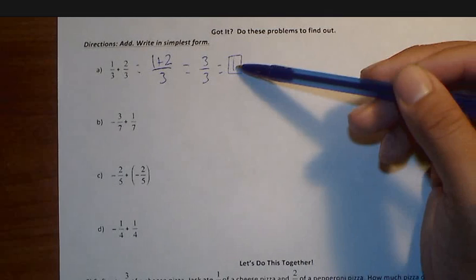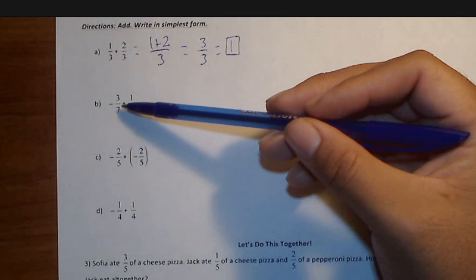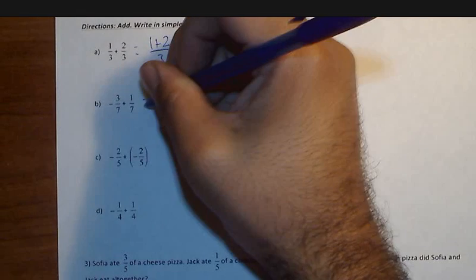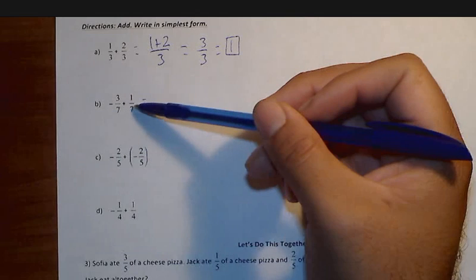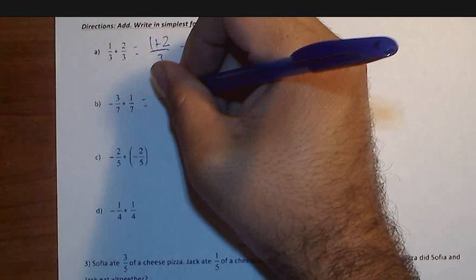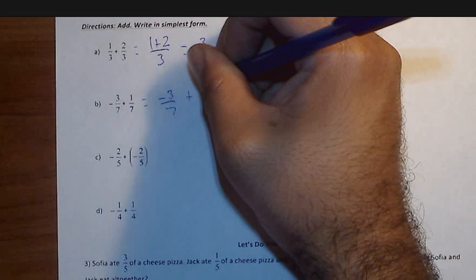Letter B says -3 over 7 plus 1 over 7. I notice that both of my denominators are the same, therefore I can add the numerators together. Notice what I'm doing.